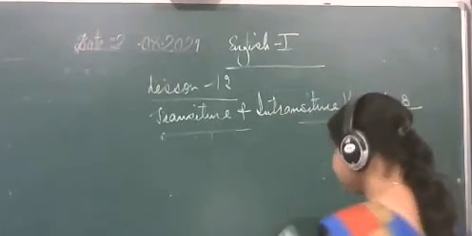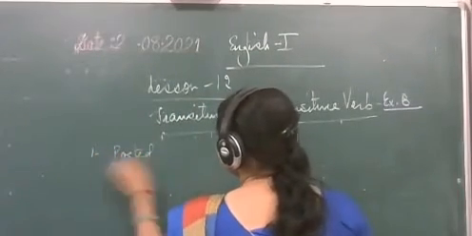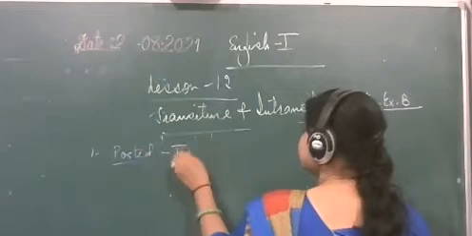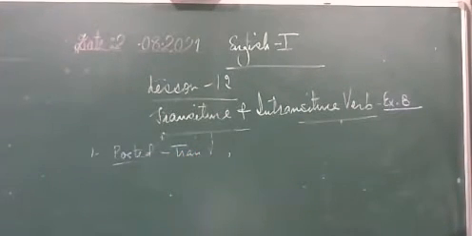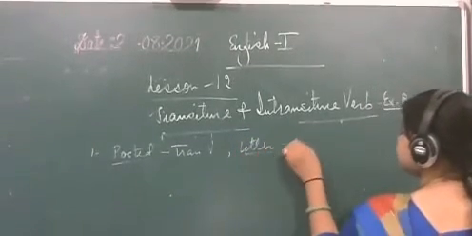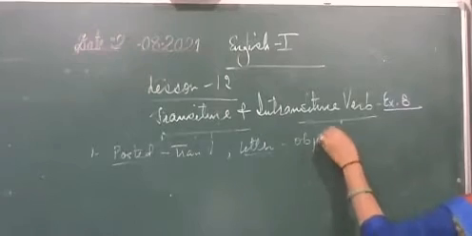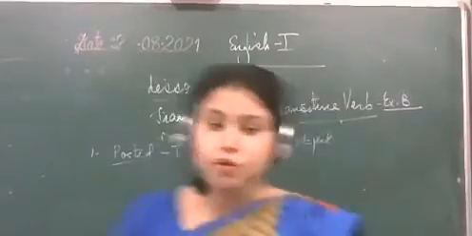So we will write posted. That is a transitive verb, and then letter is the object. Clear?